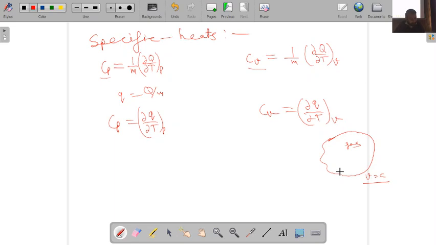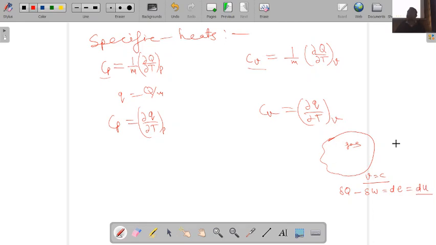Say I have added delta Q amount of heat, minus delta W, equal to dE, where E is the change in energy of the system. E includes changes in internal energy plus changes in kinetic and potential energy. As the system is stationary, its kinetic and potential energies are 0, so I can simply write it as equal to dU.